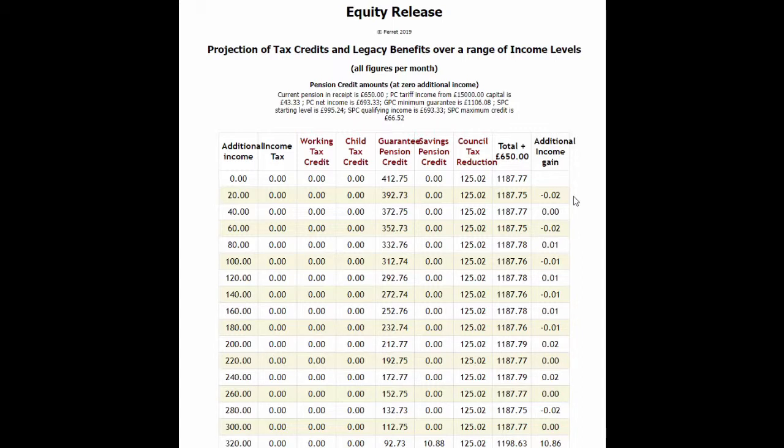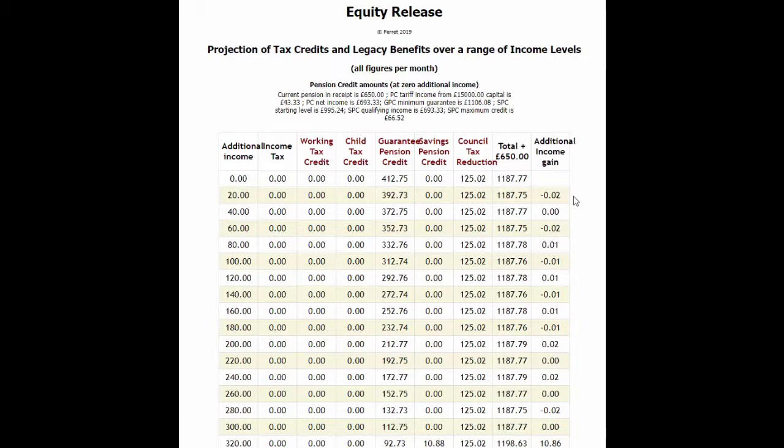You will notice that in fact there is no increase in income being shown for the first £300 a month of income being taken out of the product. That is because guarantee pension credit sees this income and then reduces its own calculation penny for penny.